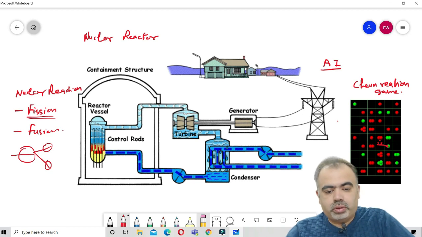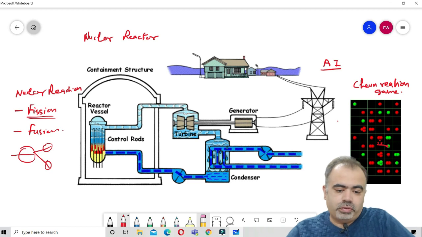There are a lot of cases generated, and if one can use those cases as a database for machine learning, they can generate a sort of artificial intelligence machine which uses these patterns to control these rods, and ultimately controlling these rods will lead to control of the generation of heat from this nuclear reactor.